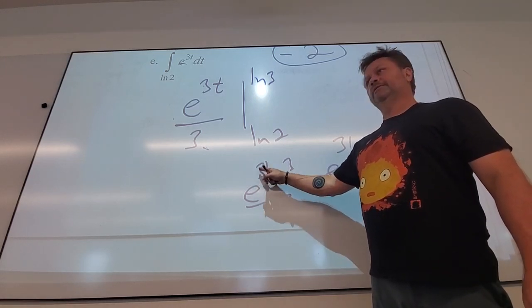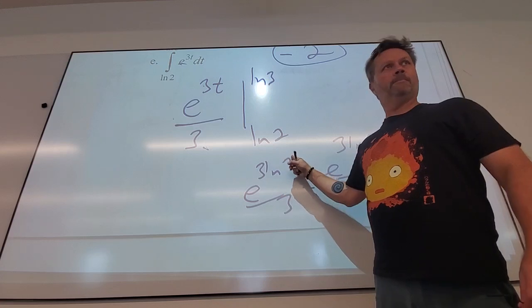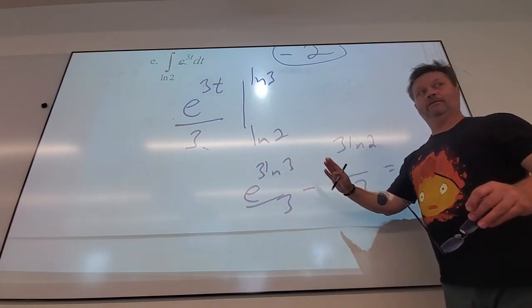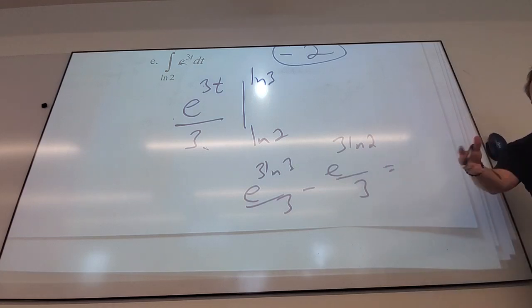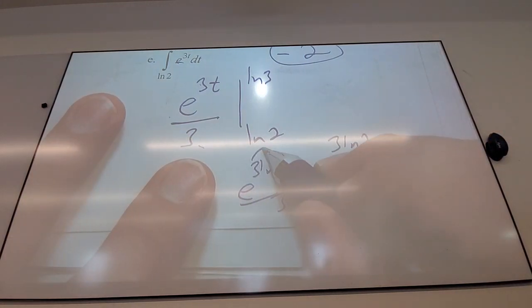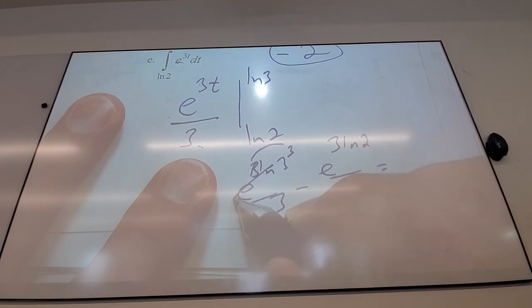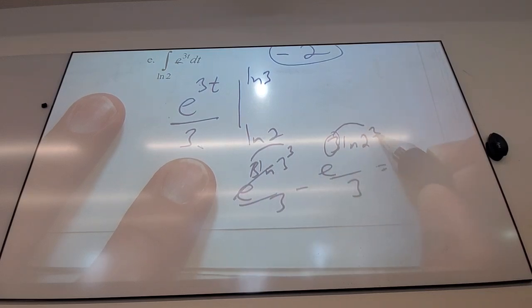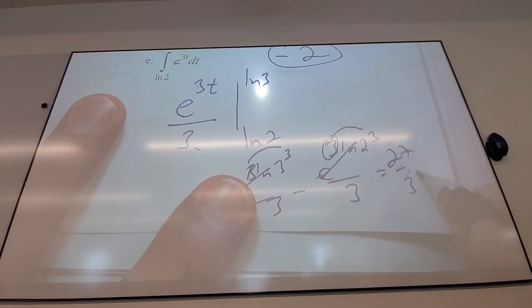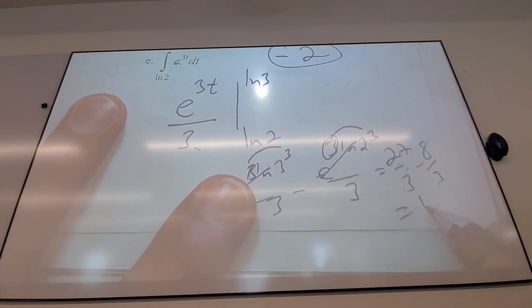The 3. And what can I do with this? Bring it up, right? The 3's like, let me get out of your way. So I can put that up here, so these die. I can put this up here, so these die. So then I get 27 over 3 minus 8 over 3, which is 19 over 3.